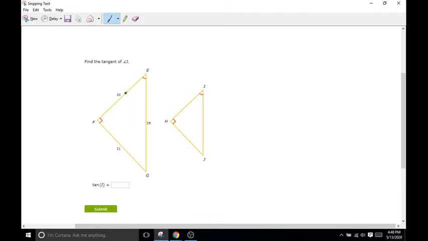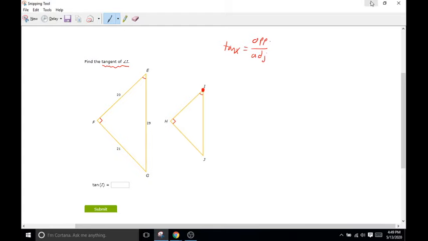So, for instance, this problem is asking you to find tangent of angle I. So we'll go over here to the second triangle. See, angle I is right here. And remember, tangent is going to equal opposite over the adjacent side.